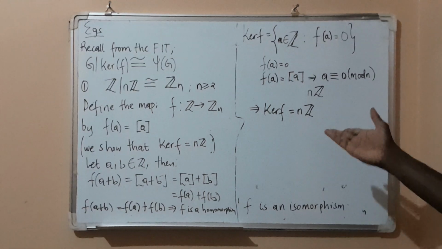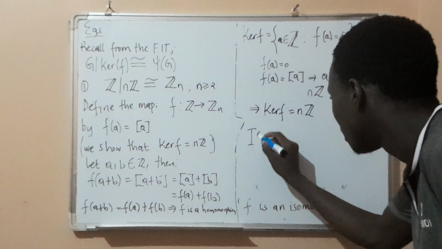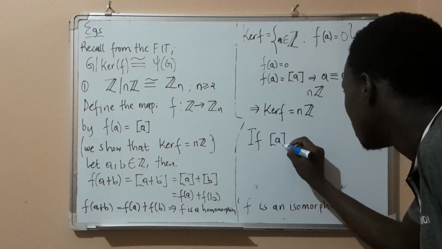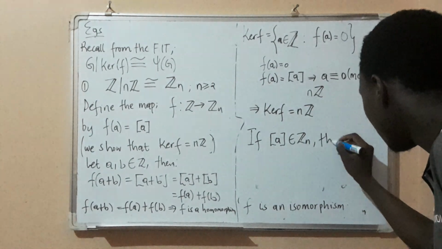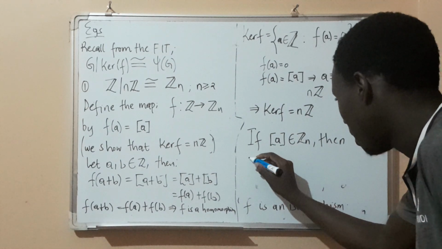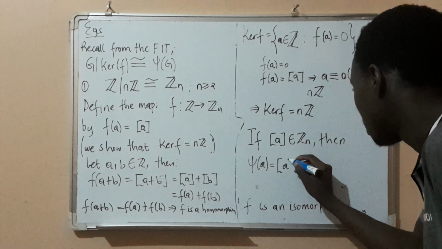And indeed we have proved that, but we can also check and see whether f is onto. Yes, f is onto. This is very easy to check. If a is within Zn, then phi of a is equal to this.